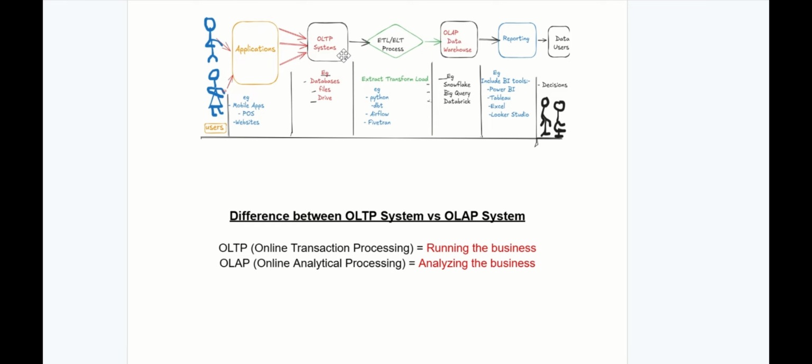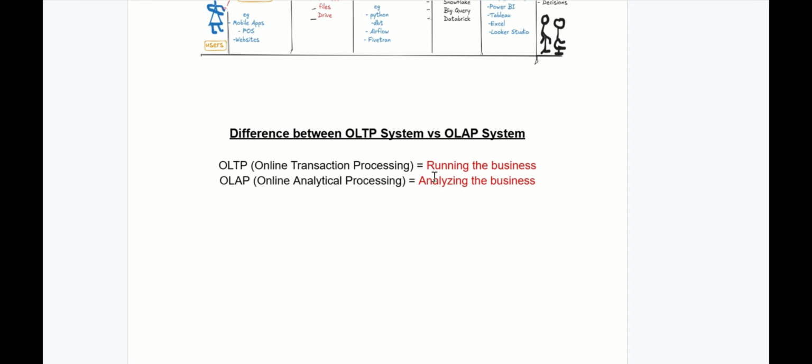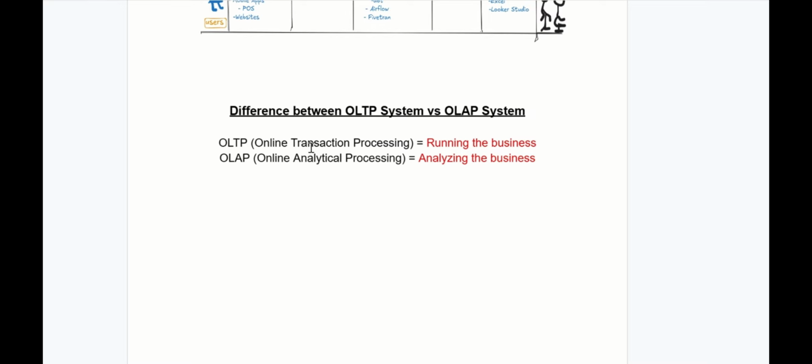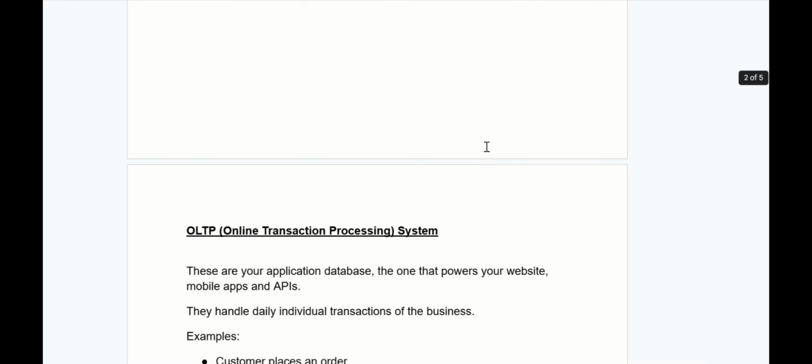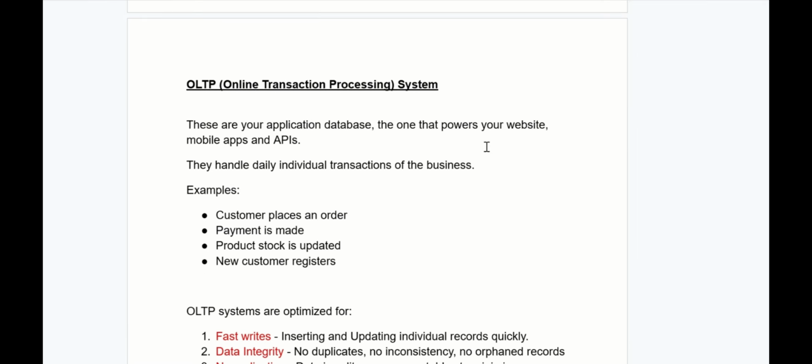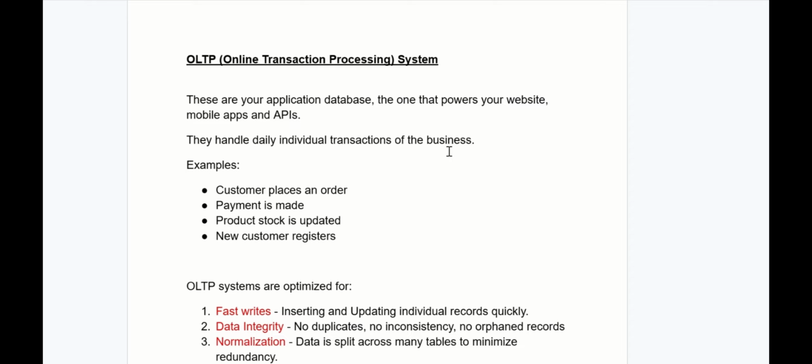And then when a manager wants to analyze the data, or finance or any other person wants to use this data, they access it and do the analysis. So OLAP is for analyzing the business, while OLTP is for running the business. Those are just some examples of the difference between OLTP and OLAP.